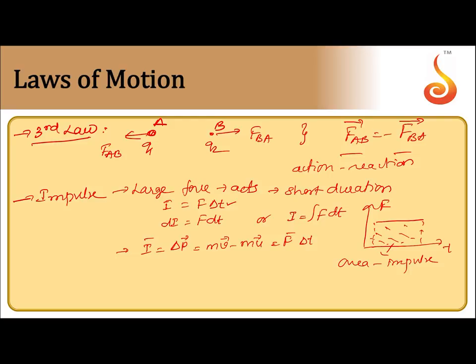For example, a seasoned cricket player, while catching a ball, lowers his hand and pulls it towards himself, such that the act of catching the ball lasts for a longer duration of time. He increases the time, and thereby the force exerted by him while catching is decreased to compensate for that impulse. That's right.